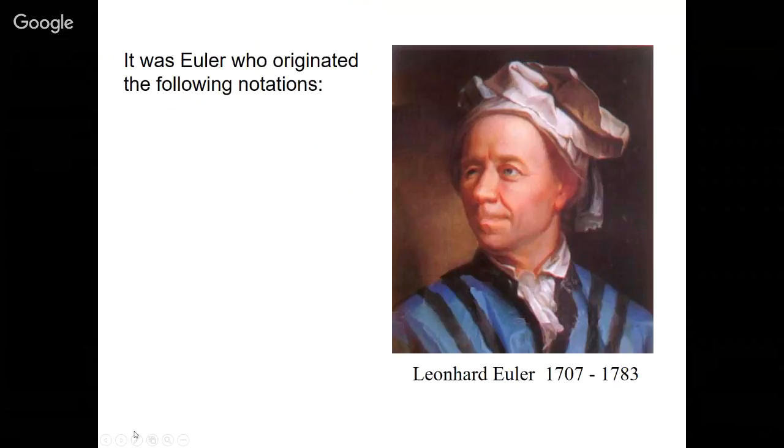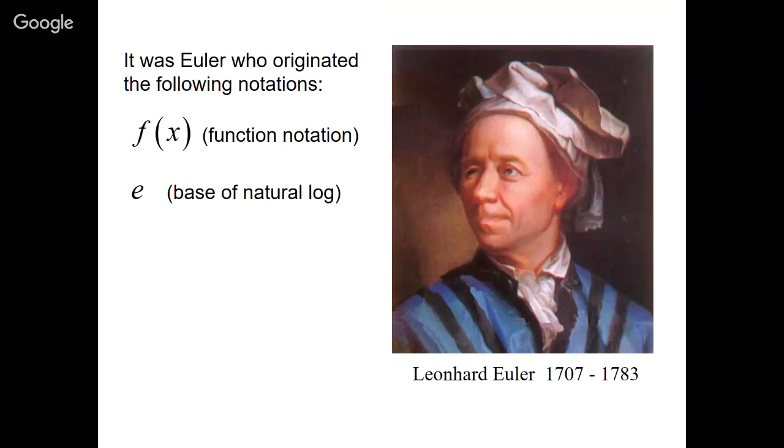So what kind of things did he donate to our math language? Well, he was a notation guy, much like Leibniz, and he liked the notation f of x. So he gave us the famous functional notation, f of x. He also gave us the notation for the natural base e, and the notation for pi, and the notation i for the imaginary number, the square root of -1.